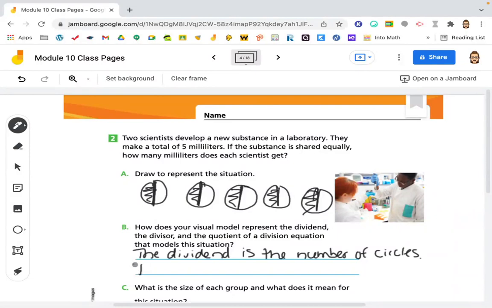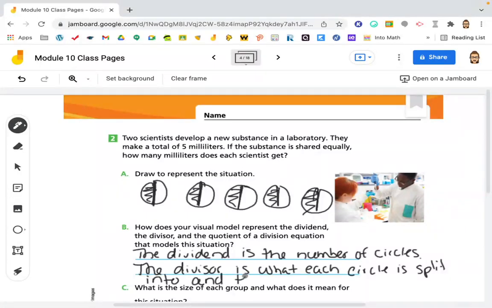The divisor is what each circle is split into. And the quotient is the shaded part.